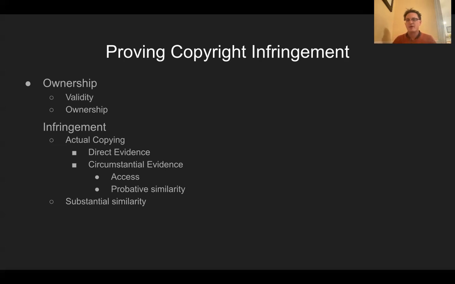And by contrast, the more probative similarity, the more similar the works look, the more plausible it is to infer that copying took place. After all, if the works are very, very similar, it's unlikely, especially if they're more complicated works, that those similarities are a function of chance as opposed to copying, because chance can just seem too unlikely.